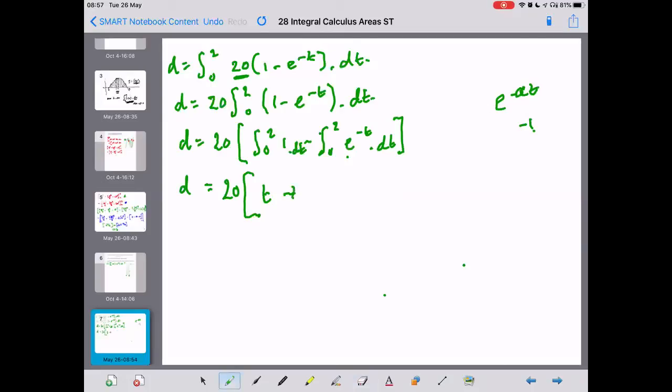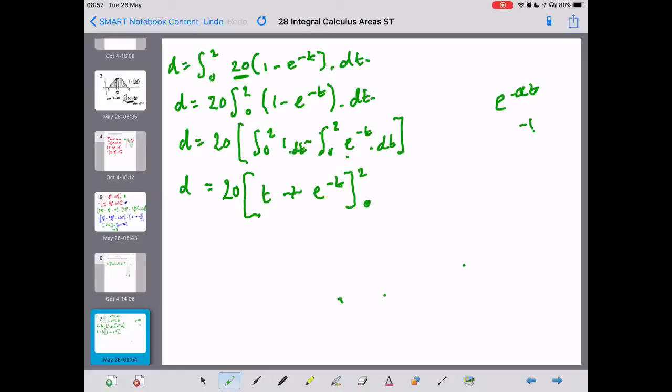So it's t plus e to the minus t, all between 2 and 0. Okay, anybody not following that so far?